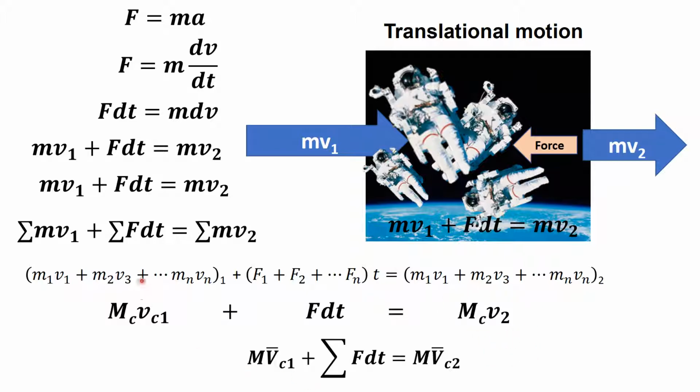But those internal forces don't change the big global, the big picture piece of it. Okay, so you have all the little pieces, and if you add those together, you have the total mass of the system, m1 plus m2 plus m3, the entire mass. The velocity of the center, that's that little line over the top, as we're talking about what the center of mass is doing. So you have the global position of the entire system, and then you look to see if there's any external forces happening on that.